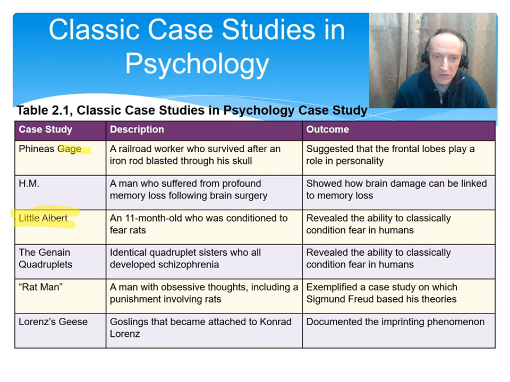In the biology chapter, we're going to learn more about Phineas Gage and what it taught us about the frontal lobe of the brain. In our memory chapter, we're going to see the case study of HM, someone who had some brain damage that resulted in some memory loss. So it started to teach us what areas of the brain are responsible for memory.